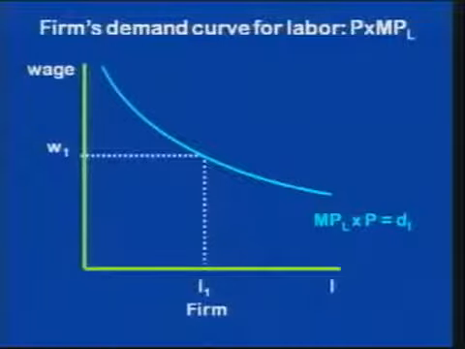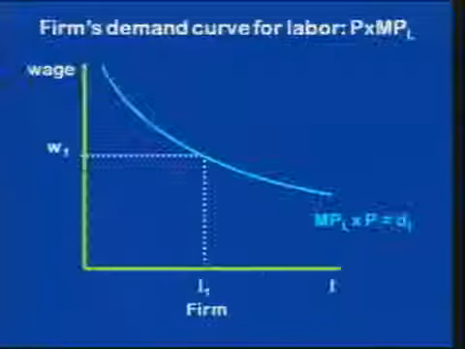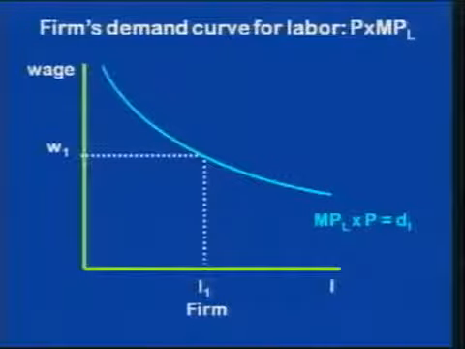In particular, this gives us what we were originally looking for, the demand for labor by the firm. I'm going to argue, and hopefully you can already guess, that if you graphed the marginal product of labor times price, which is that third column on the previous slide, if you graphed this amount right here, that is the demand curve for labor for the firm.